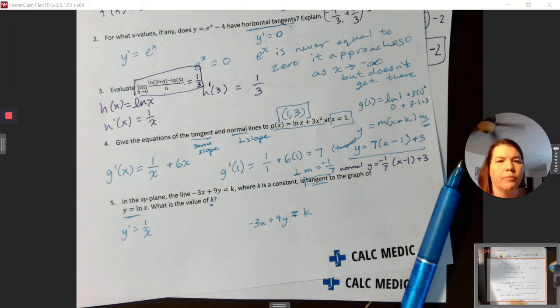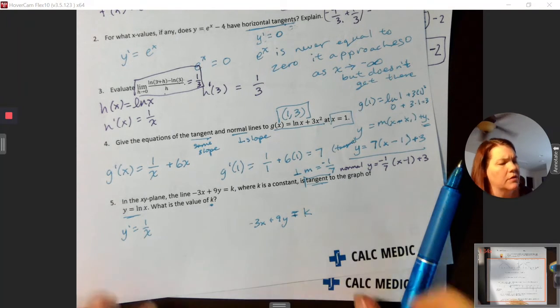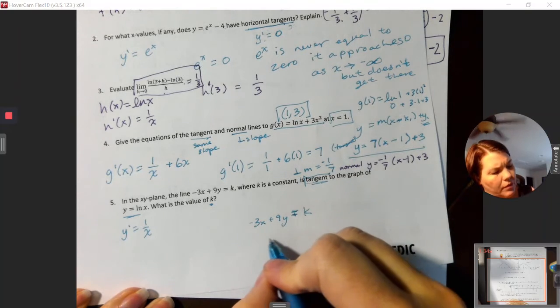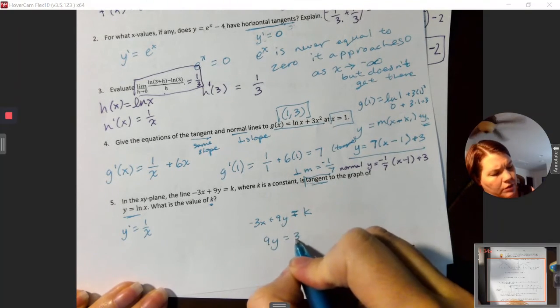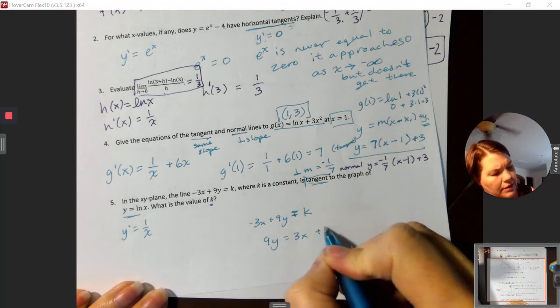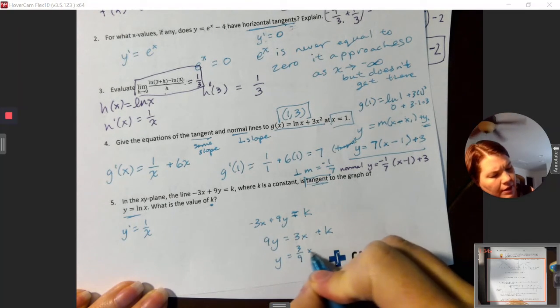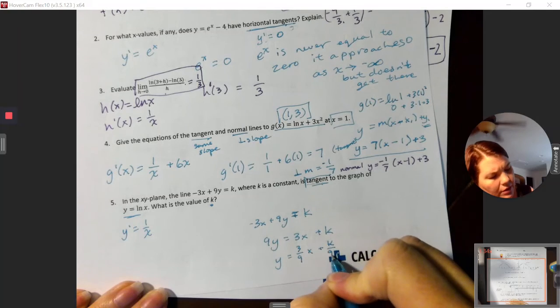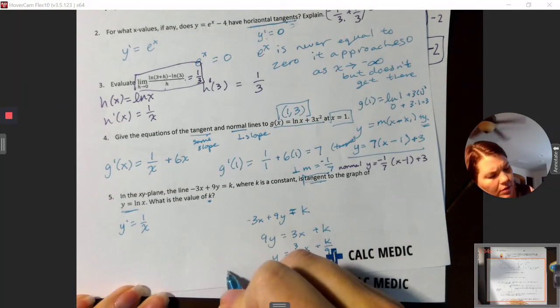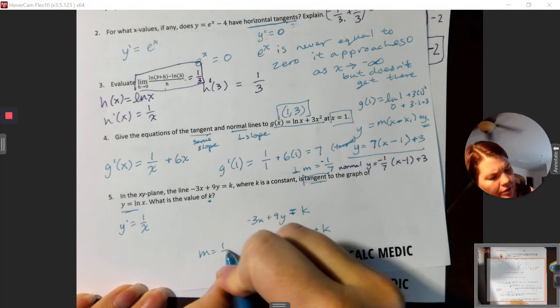Now I'm thinking. I'm not sure. I know their slopes are equal, so maybe I should find the slope. So 9y equals 3x plus k, so y equals 3 over 9 x plus k over 9. And so the slope is 1/3.